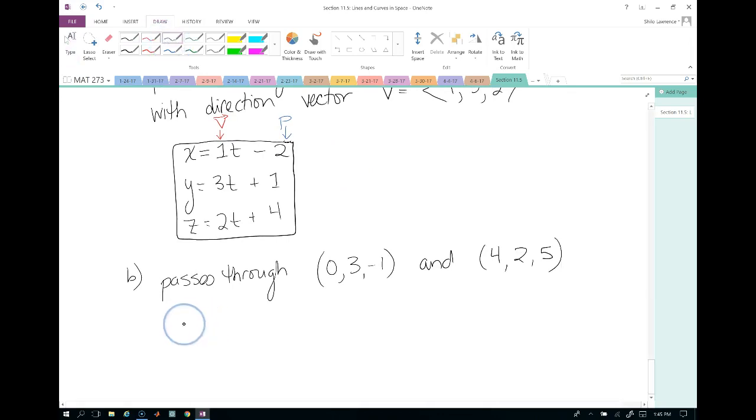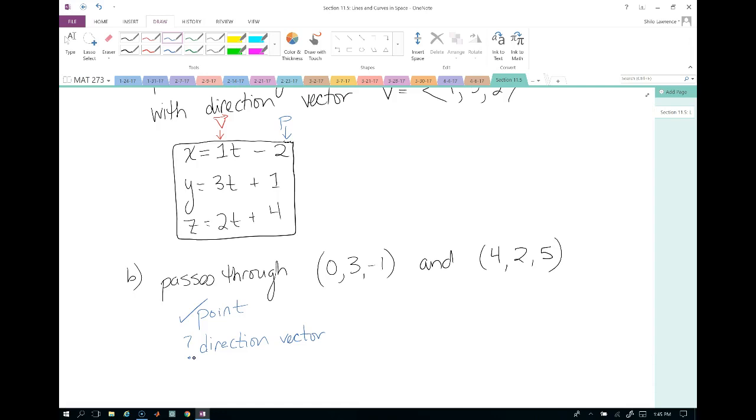We've got two of them actually. And we need a direction vector. That piece we were not explicitly given. So we need to figure out how to create a vector that's in the same direction as our line if all we're given is 2 points.